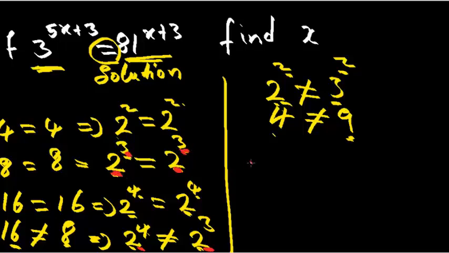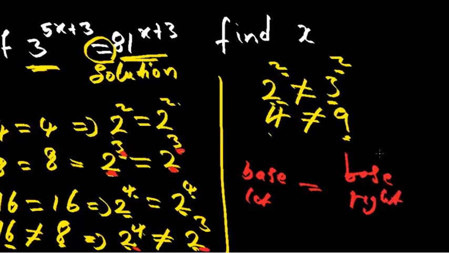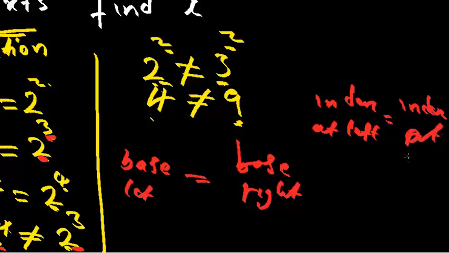If the base at the left is equal to the base at the right, and the index at the left is equal to the index at the right, then we can say that the left side is equal to the right side because both the bases and the indices are the same.